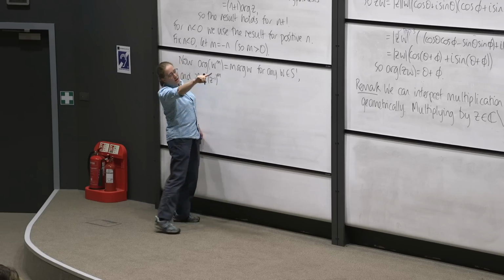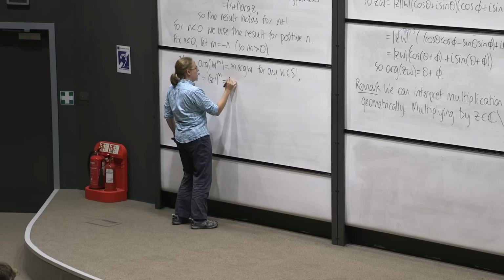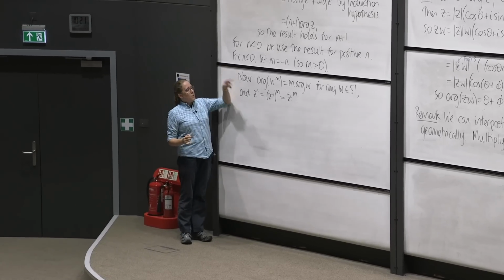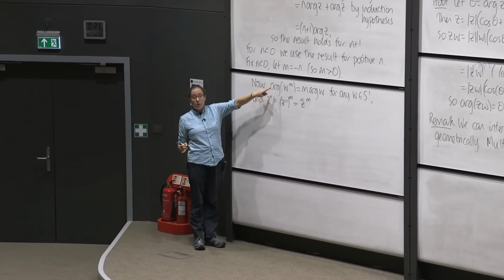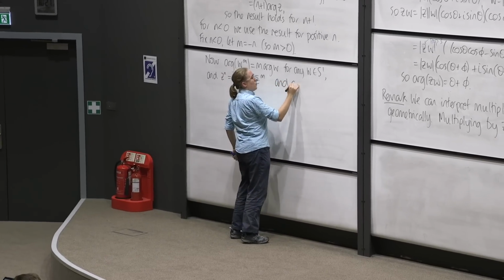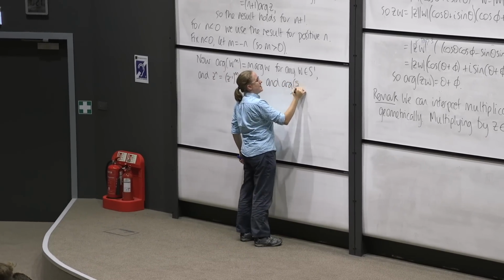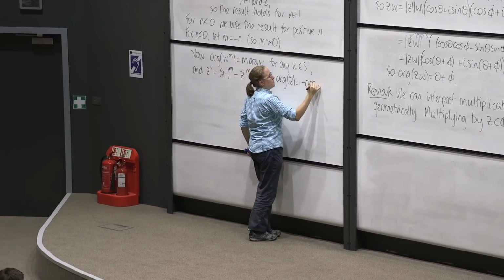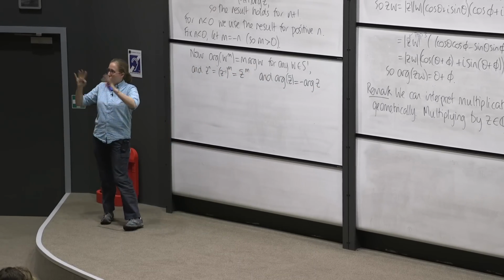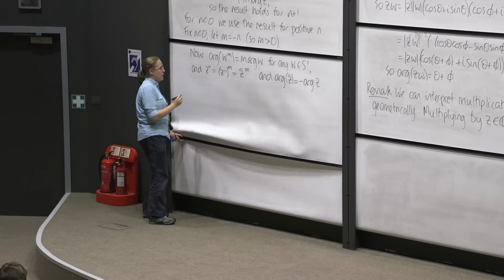And z inverse, I noted in my fun fact over there, was the complex conjugate of z. So we're going to be able to apply this result with w being the complex conjugate of z. I'd quite like to know what the argument of the complex conjugate of z is. But if you ponder that for a moment, you'll see that it's minus the argument of z. Again, everything is modulo 2 pi here.